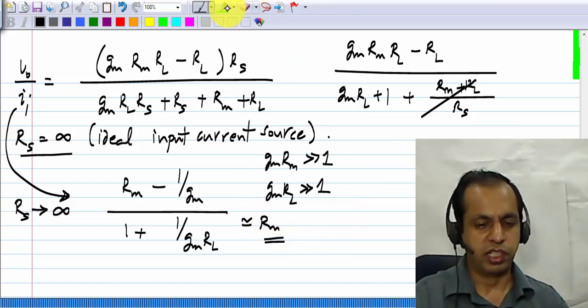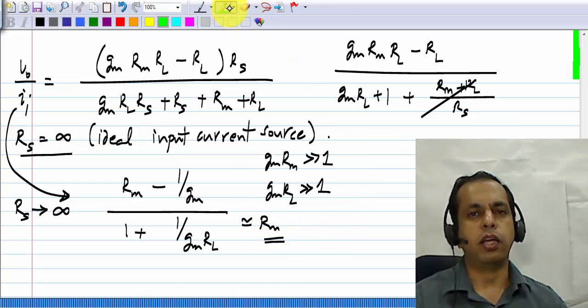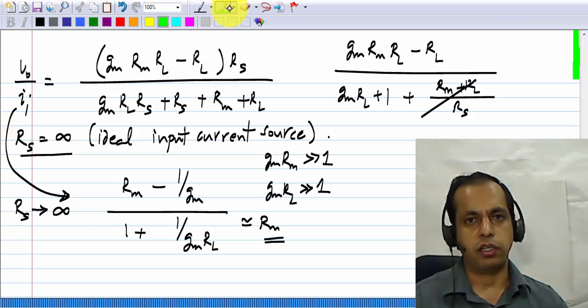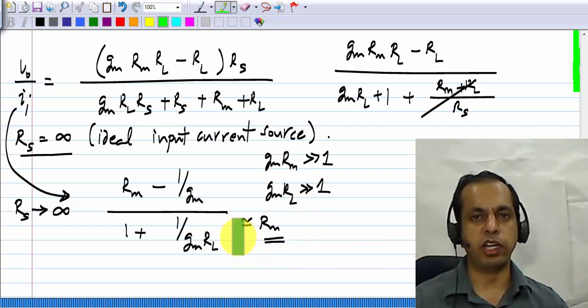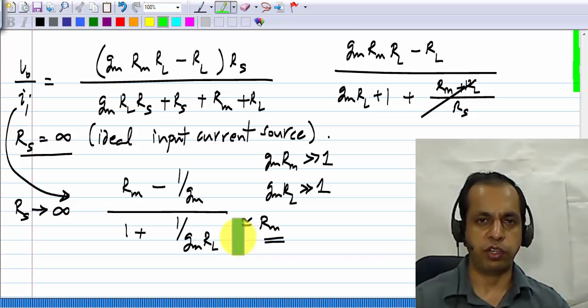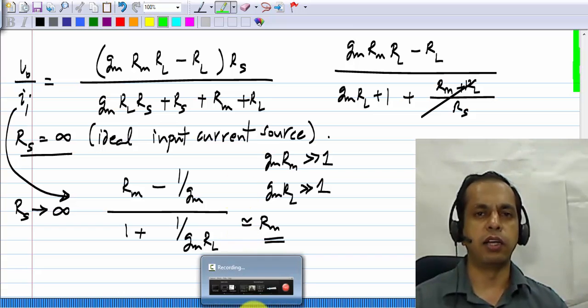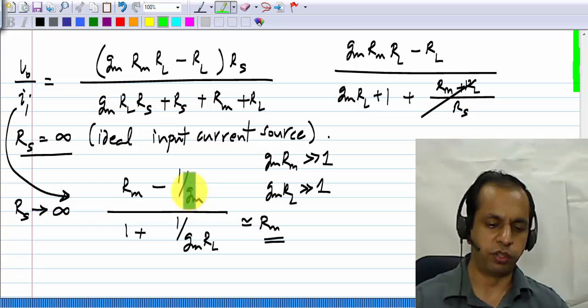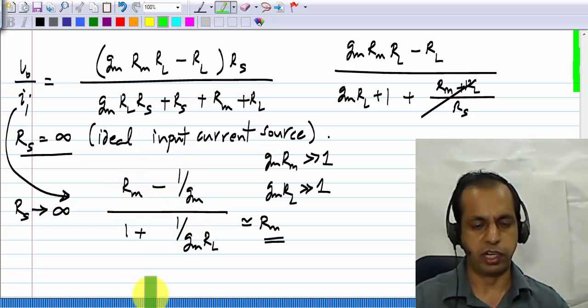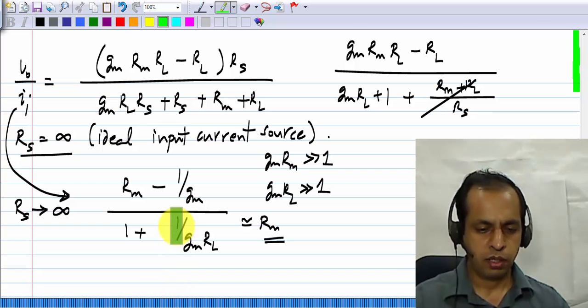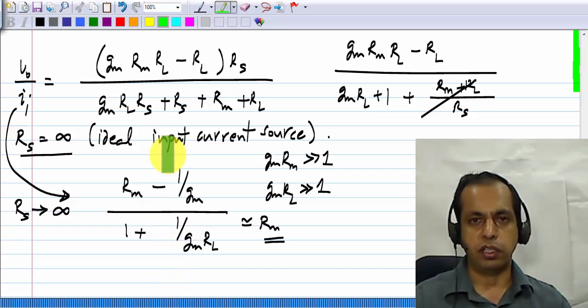So essentially, just like in all the other control sources, the GM of the transistor, the transconductance of the transistor has to be very large. If it tends to infinity, we will get exactly the relationship that we want. For instance, here you can see that if Gm tends to infinity, you will get Rm exactly. So that's what happens in every case.